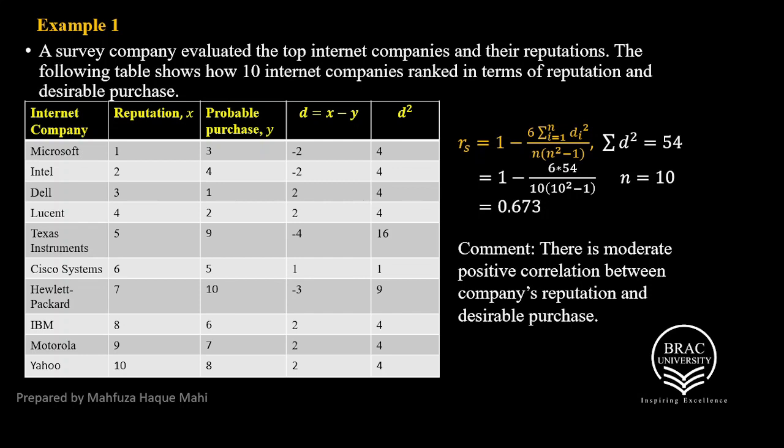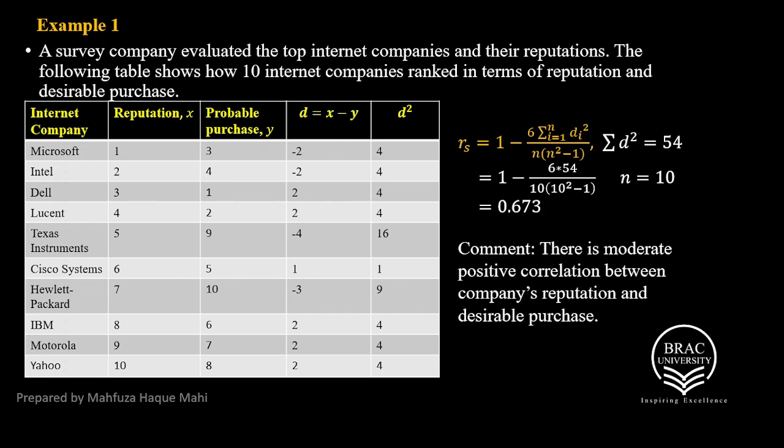Now, if we want to measure the correlation between reputation and probable purchase of companies, then what can we do? We can simply calculate the Pearson correlation coefficient for x and y here. We can also apply the formula of Spearman rank correlation coefficient to find out the correlation between reputation and probable purchase.